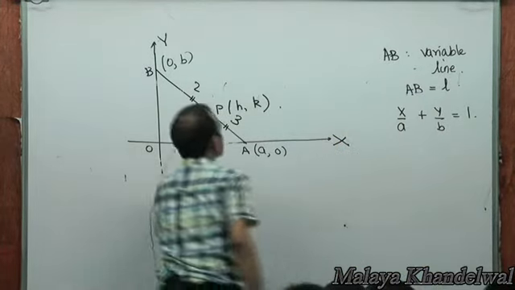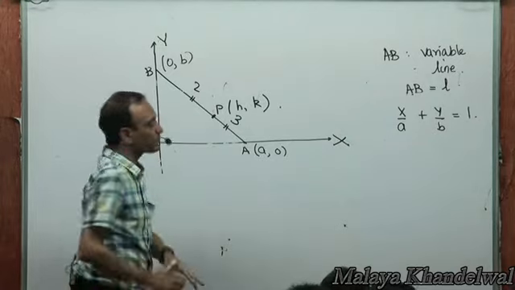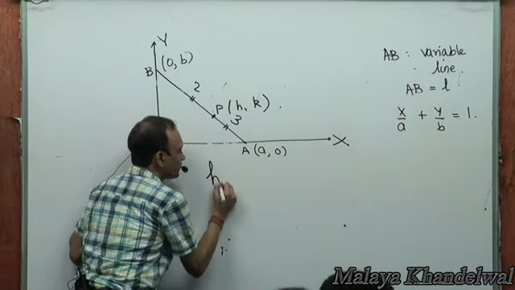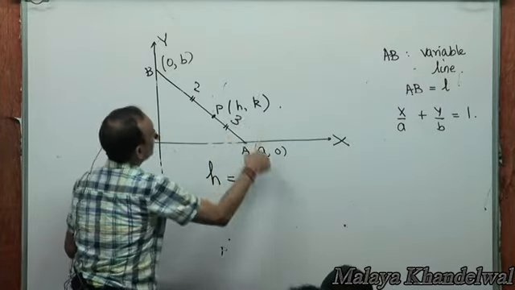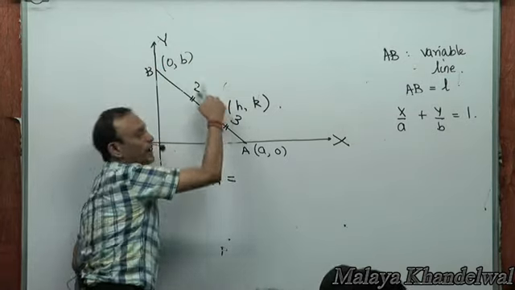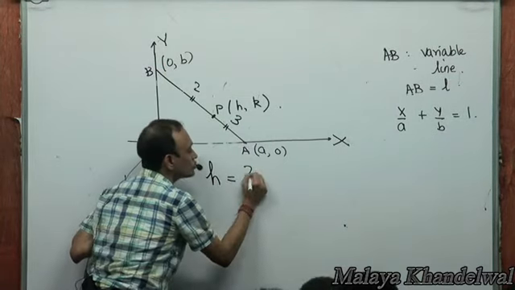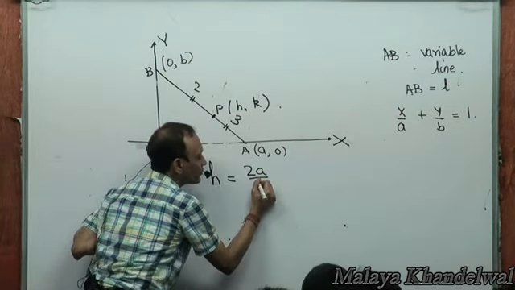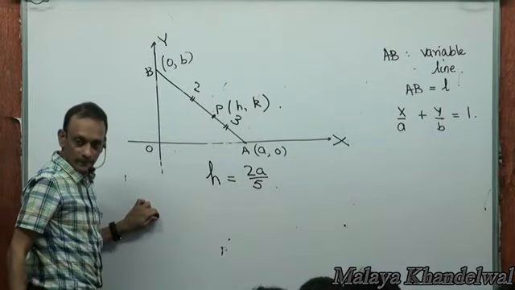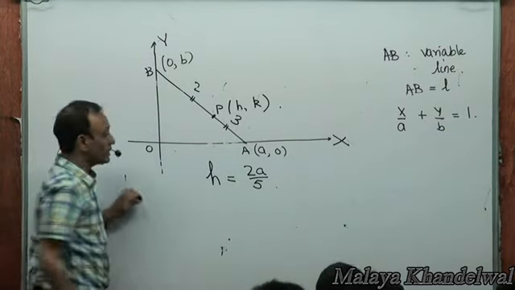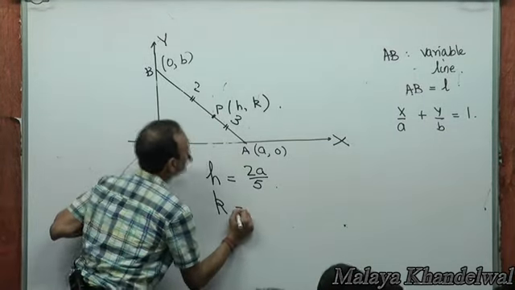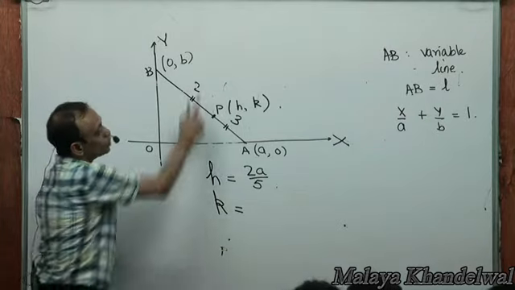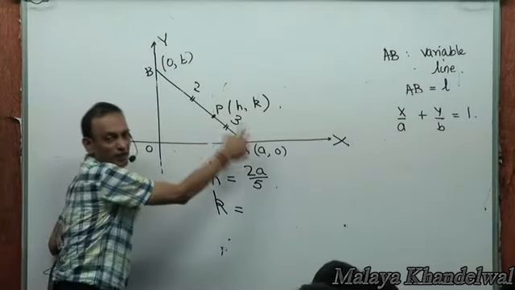Now, first things first. Section formula means h would be 2a plus 3 into 0 by 5, right? So 2a by 5. Yes or no? From section formula, k would be 2 into 0 plus 3 into b by 5.